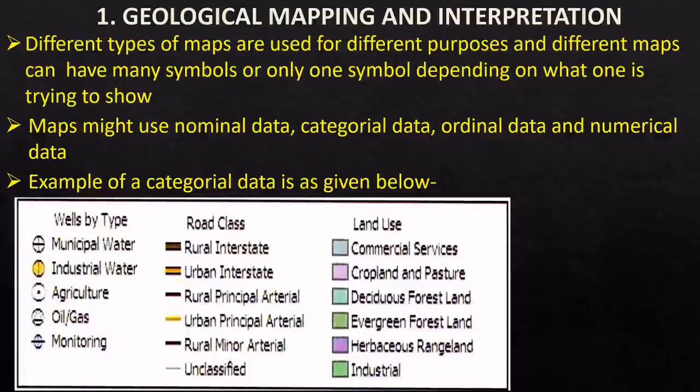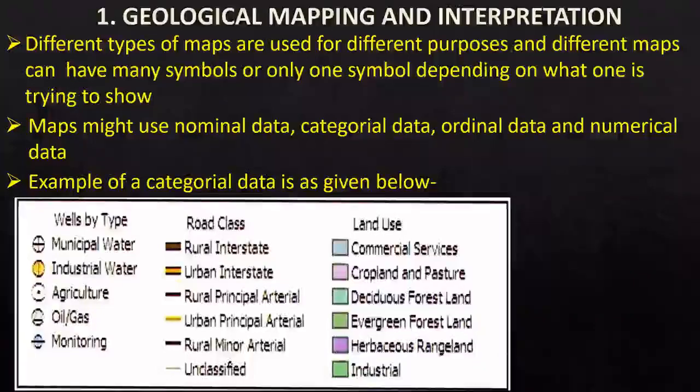Okay, so we saw some of the general applications and a few departments and how they use GIS. Now we will see some examples in detail. So the first example is geological mapping and interpretation. Here different types of maps are used for different purposes, and different maps can have many symbols or only one symbol depending on what one is trying to show. You have already studied different types of maps, right?